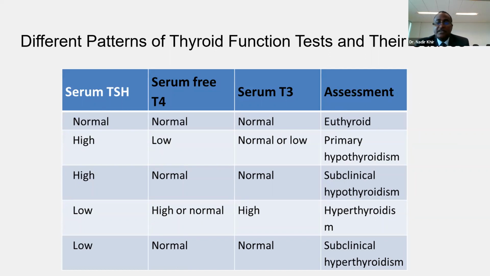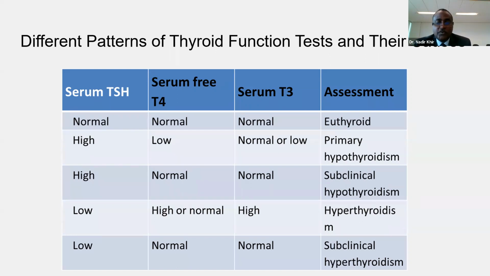And sometimes we might need to treat them because we know they're going to go to hypothyroidism. And we can support that by getting autoimmune antibodies. We can do other tests. We can ask about family history. So we know this subclinical hypothyroidism exists. We see a lot of patients. If the TSH on the other side is low, then we look at the serum free T4.